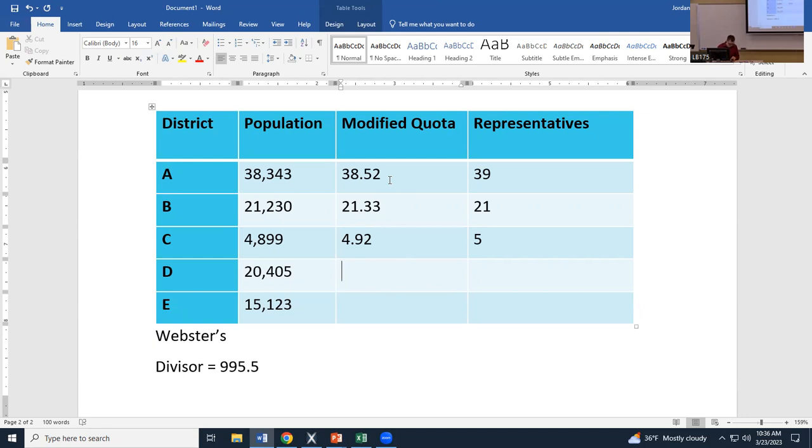2405 divided by 995.5 gives me 20.497. That is just below 20.5, right? So we keep it 20. And then 15,123 divided by 995.5 becomes 15.19-ish.